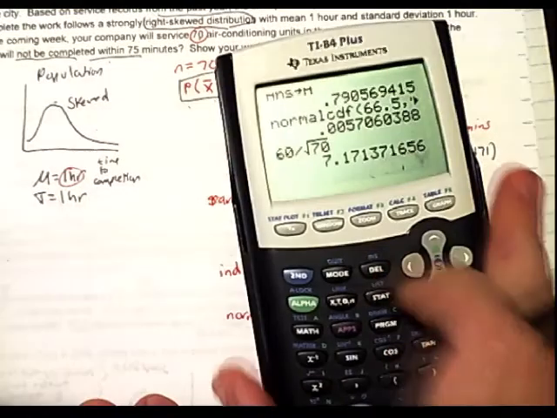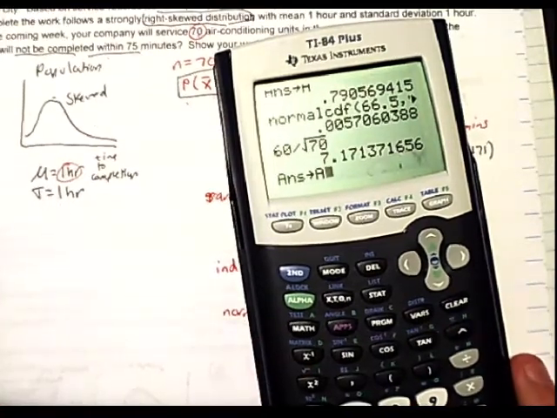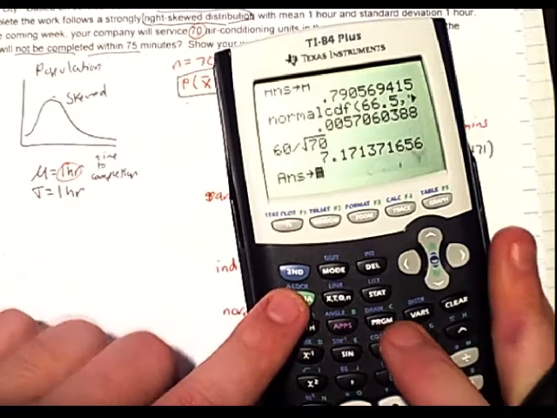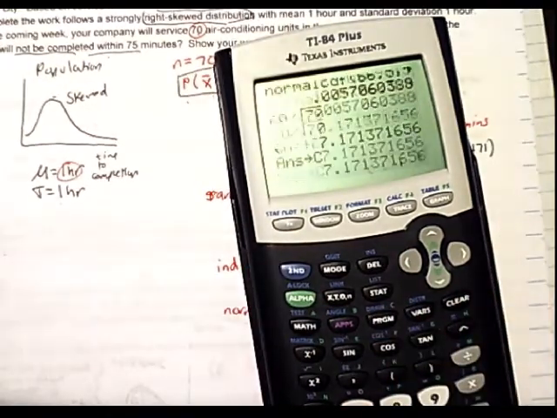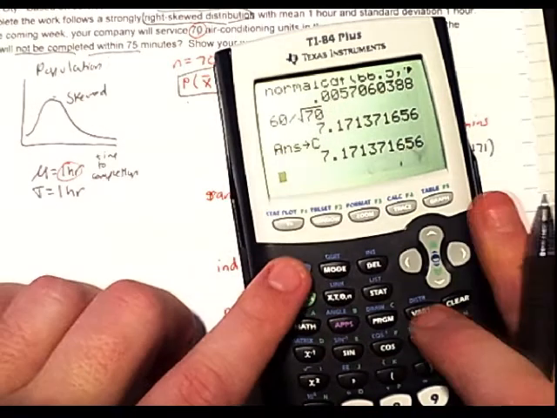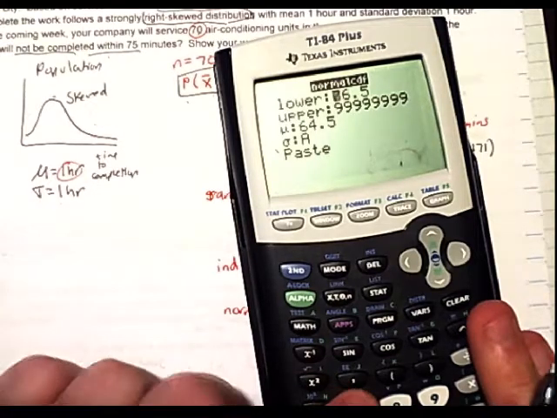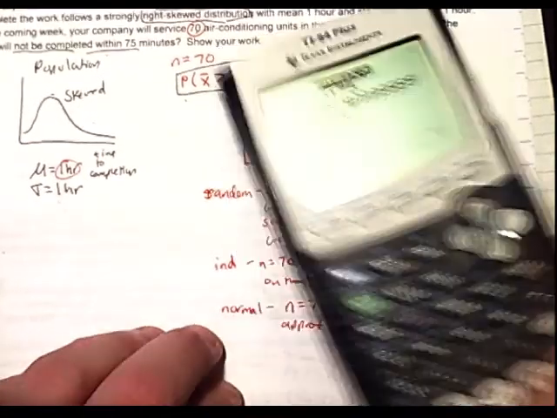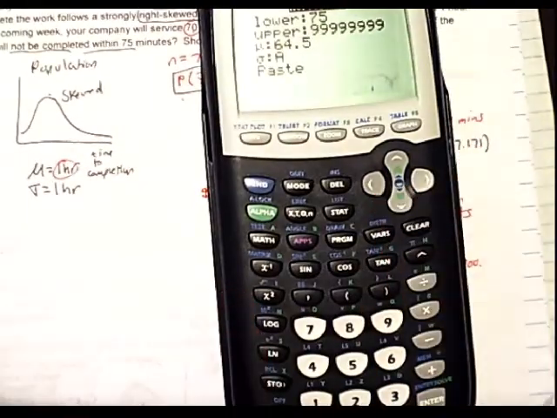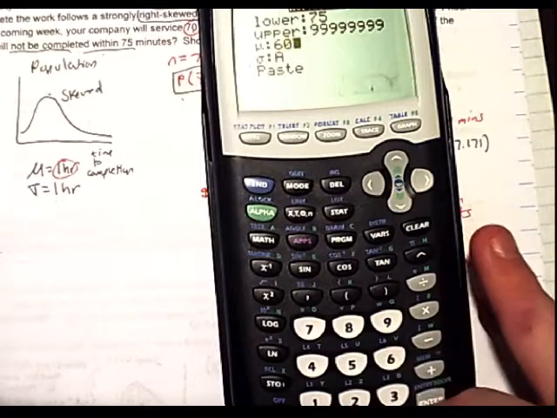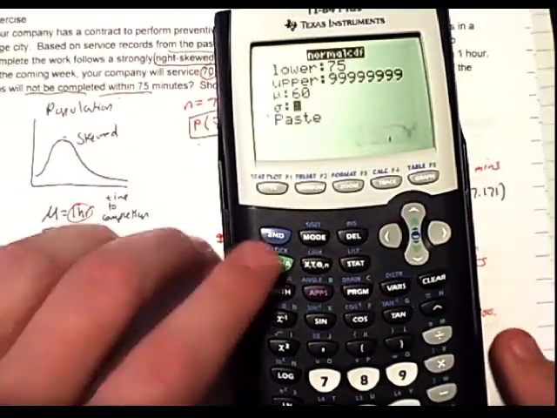Okay, again, to make this simpler, just store that standard error with whatever letter you want. It doesn't have to be A. It can be C. So now we're going to run our normalcdf. We're going to go from 75 up to infinity. The mean is 60 minutes.